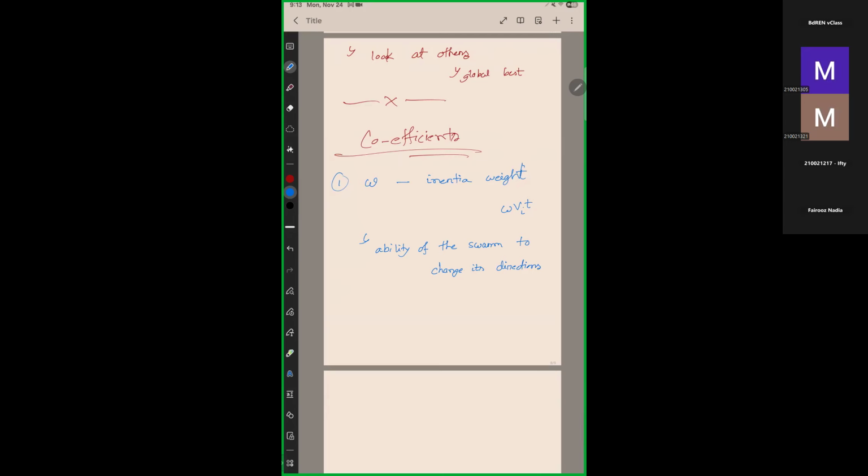আচ্ছা, so your velocity is proportional to, now you see inertia weight is like a proportional factor, a proportional constant. Think of it like a proportional constant. So this actually makes you move, how much you are going to move.